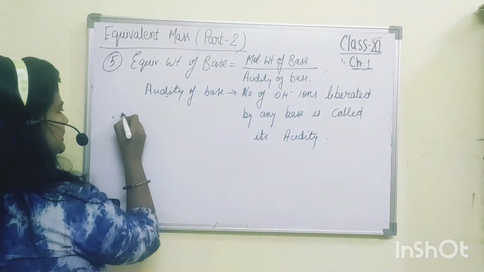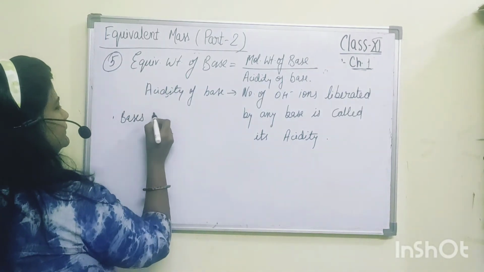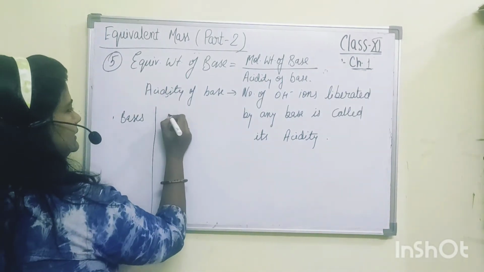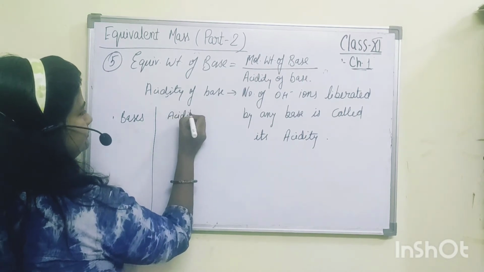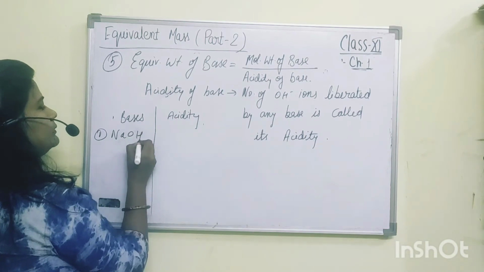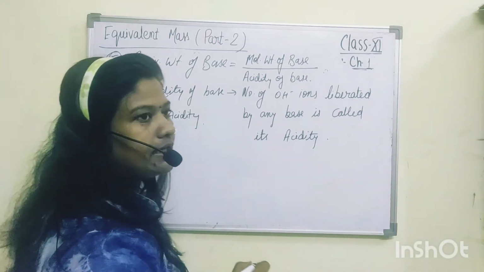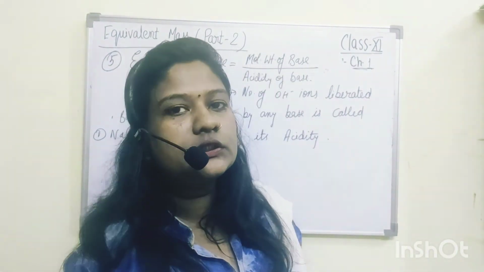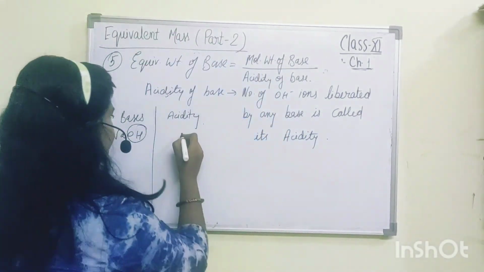I am taking some bases and we look at their acidity. Suppose NaOH: the number of OH minus liberated by NaOH is 1, so its acidity is 1.